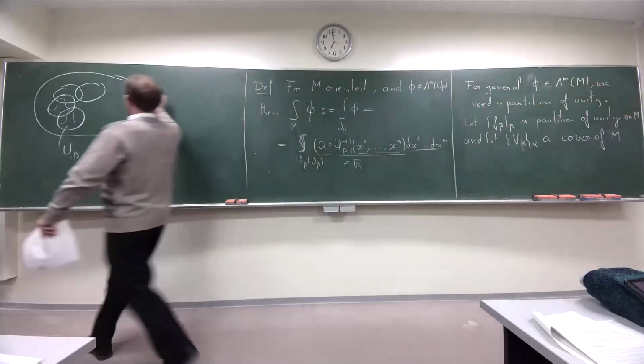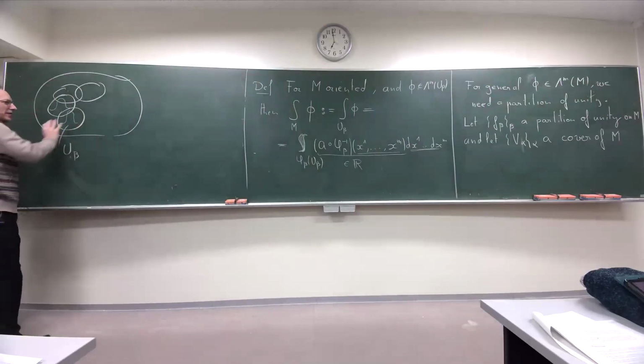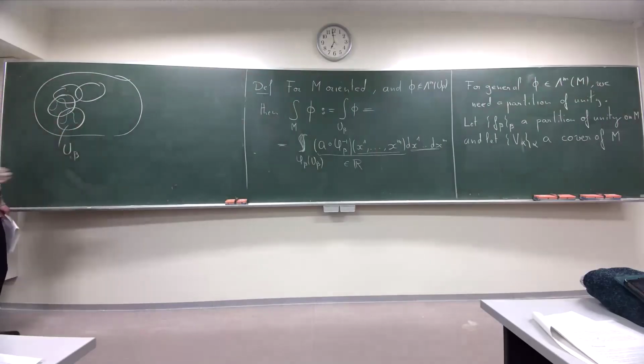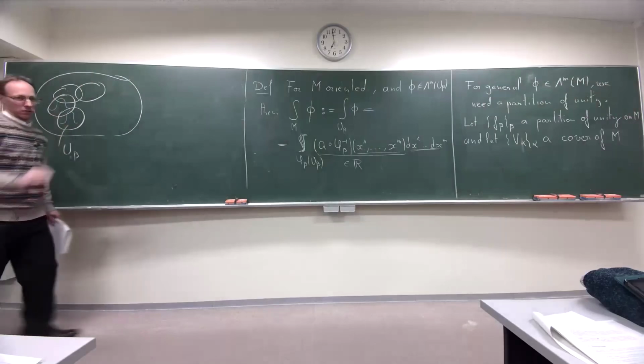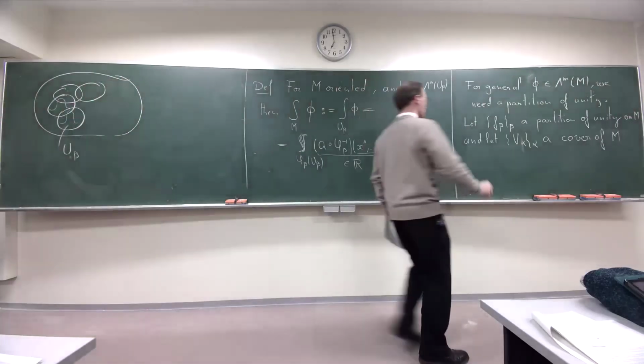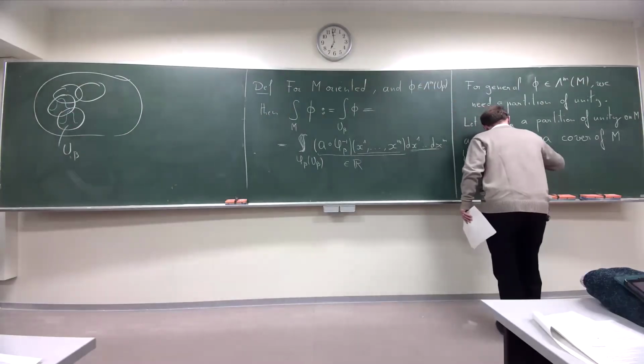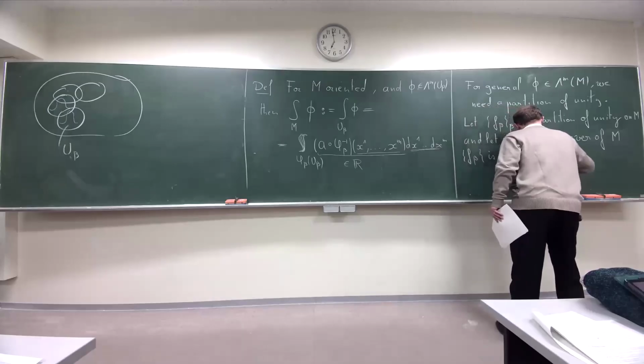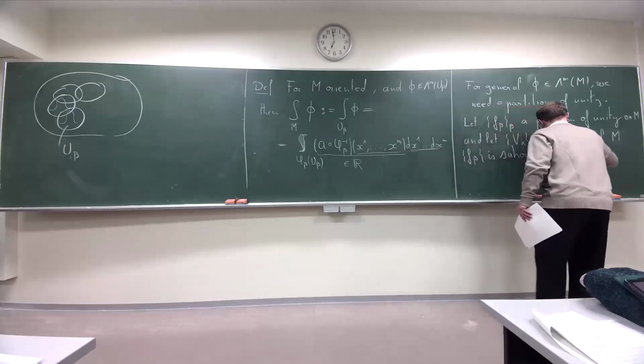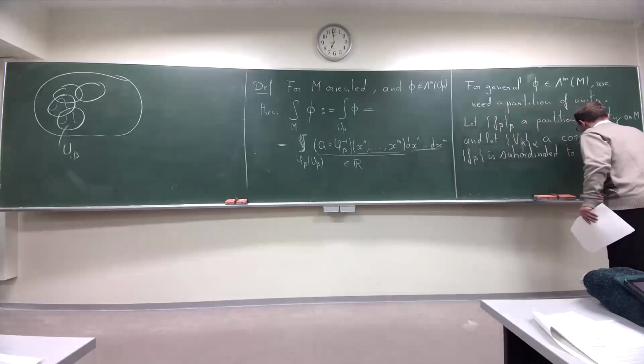I have first a cover, so a family of sets. I'm not even asking that they're open for now. A family of sets and a family of functions. They are a priori independent, but the family f beta is subordinated to the family V alpha.